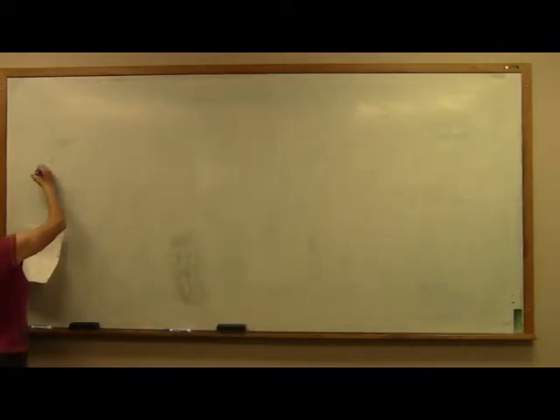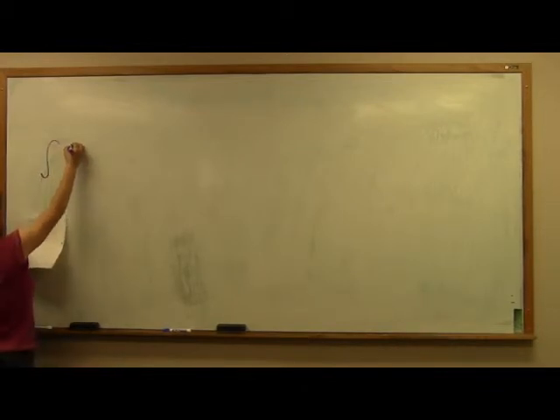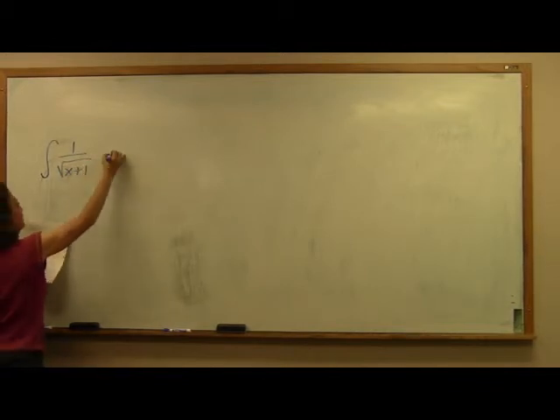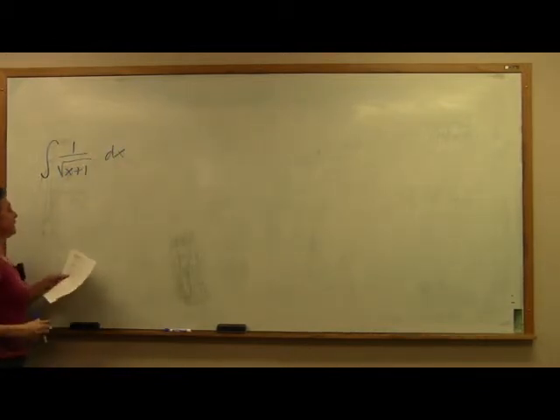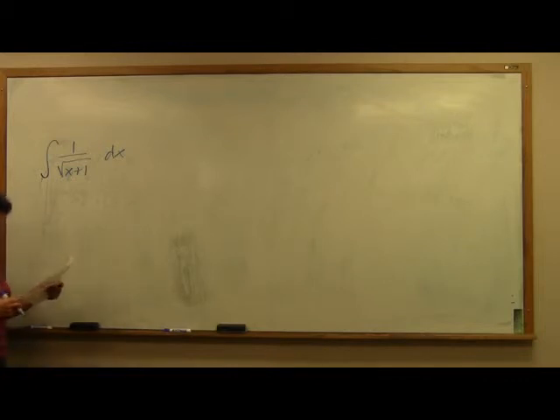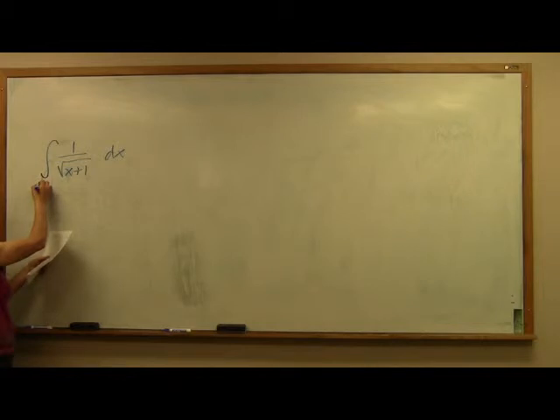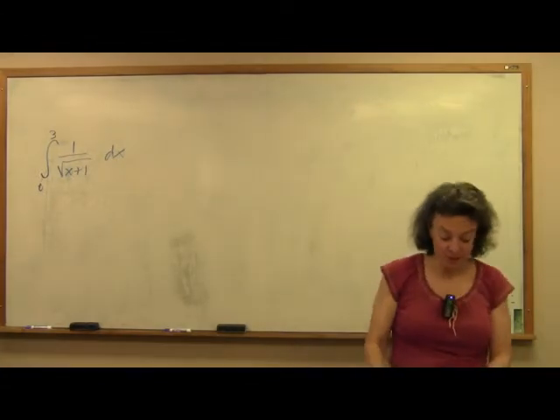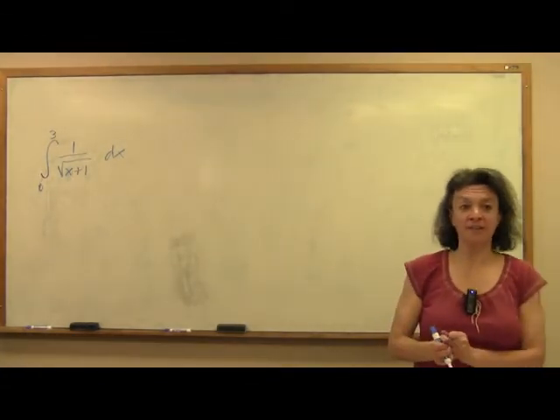How about we want to compute this? 1 over the square root of x plus 1 dx. And let's evaluate that from 0 to 3. You might ask, how do we involve our definite integrals here?